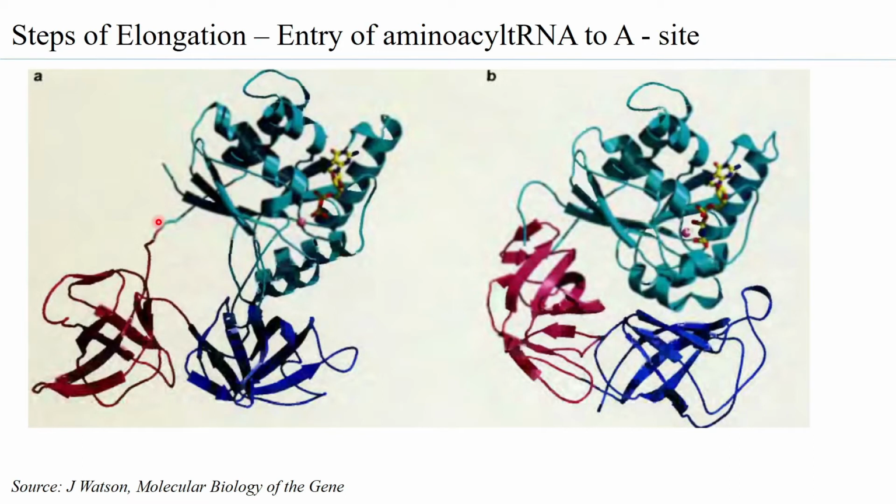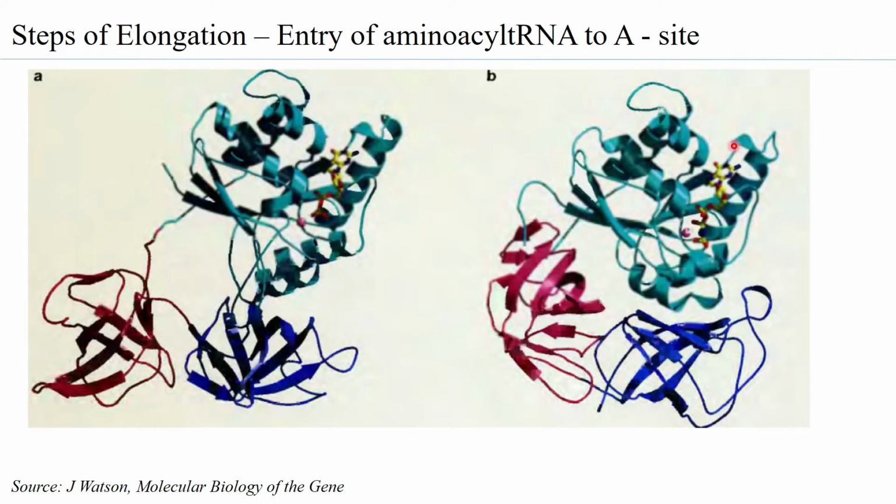So, a monomeric protein with different domains, as you can see, can take up two different conformations, and that is decided by which nucleotide it is bound to. When GDP, that is the guanine nucleotide diphosphate form, is bound to EFTU, then the conformation that it takes up is this.